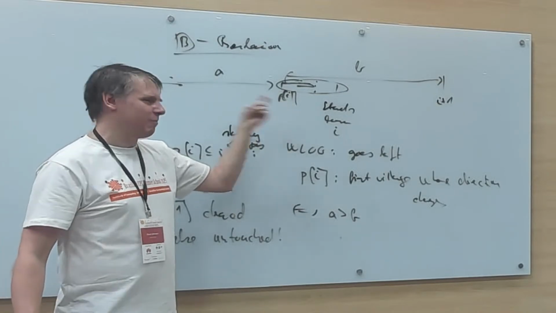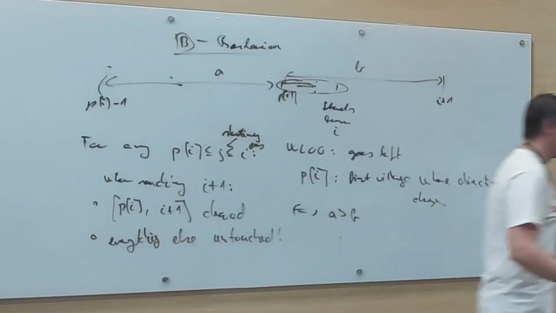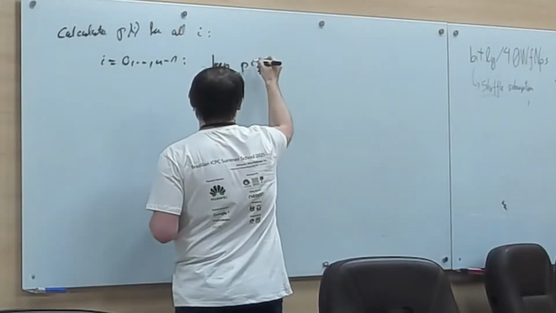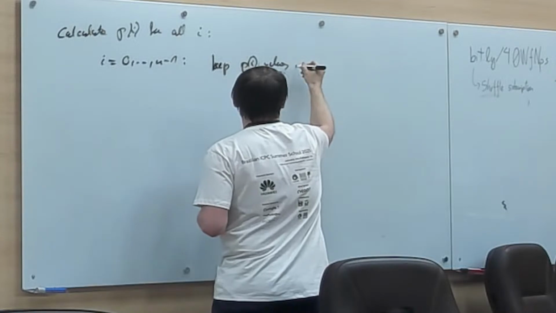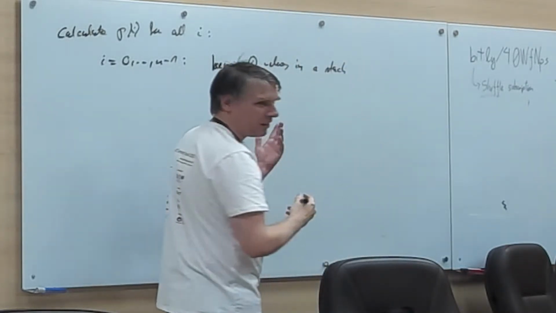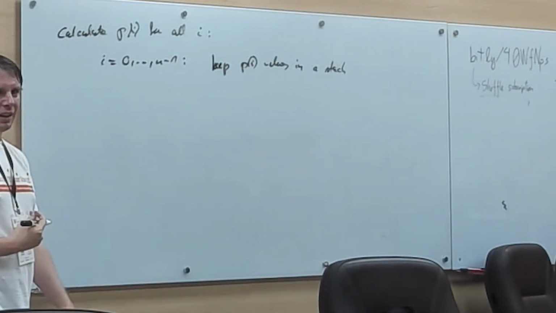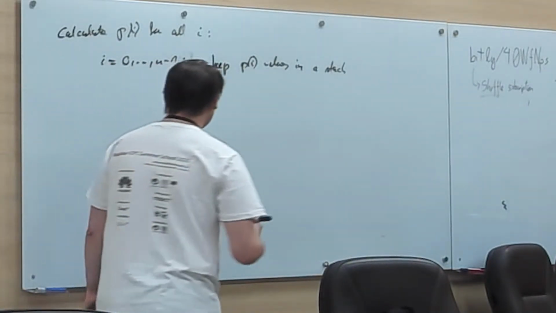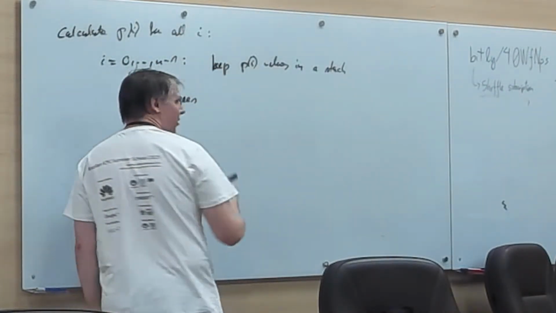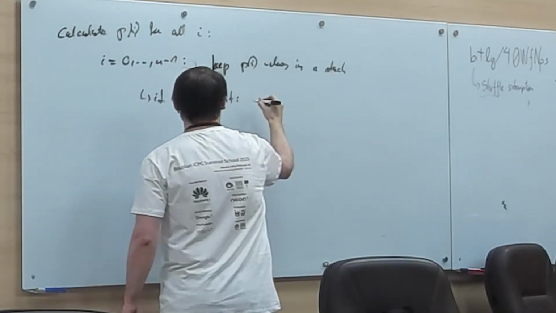So maintain the values of PI in a simple stack. It's enough to keep only the different PI values in the stack. You don't need to have multiples. Okay. And then if from a village it goes right, then we can just continue.